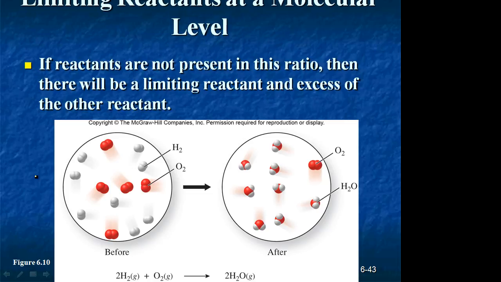What if you had 9 hydrogen, would you have leftover oxygen and hydrogen? If you had 9 molecules of hydrogen, 9 times 2 is 18. So if instead of 8 right now it's 9, there would still be 5 oxygen.